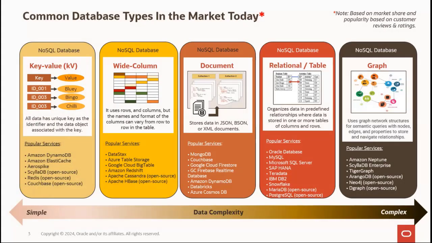So in today's market, what we see is a lot of different databases. We have what we call key value databases, and on the slide we have a list of examples of those. The Oracle NoSQL database can serve in a key value type of manner.